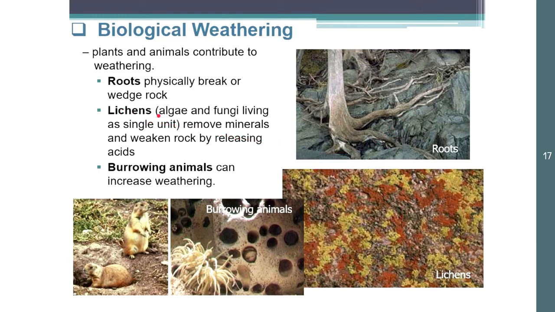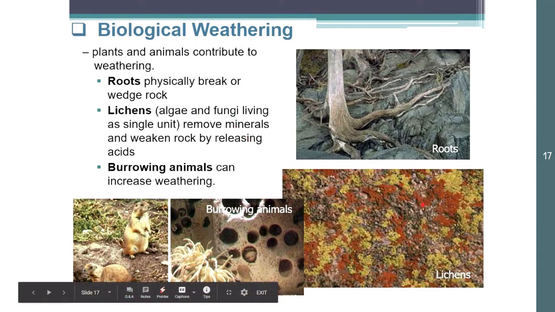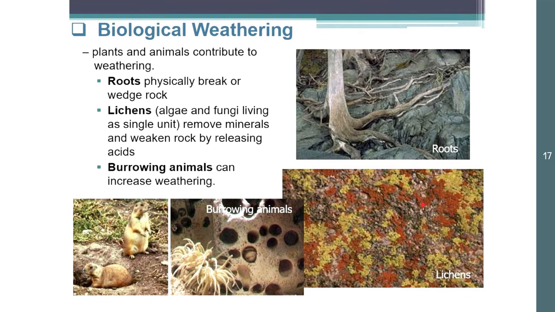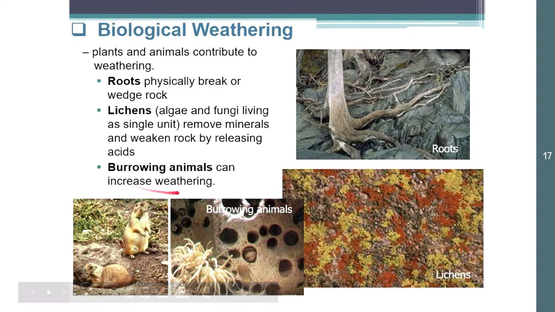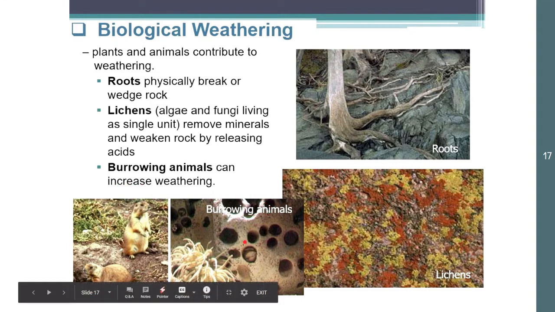Lichens, a symbiotic relationship between algae and fungi, such as this one, can remove materials and weaken the rock they are growing on top of by releasing acids brought about by their biological processes. And burrowing animals such as weasels and some worms can increase weathering of certain rocks.